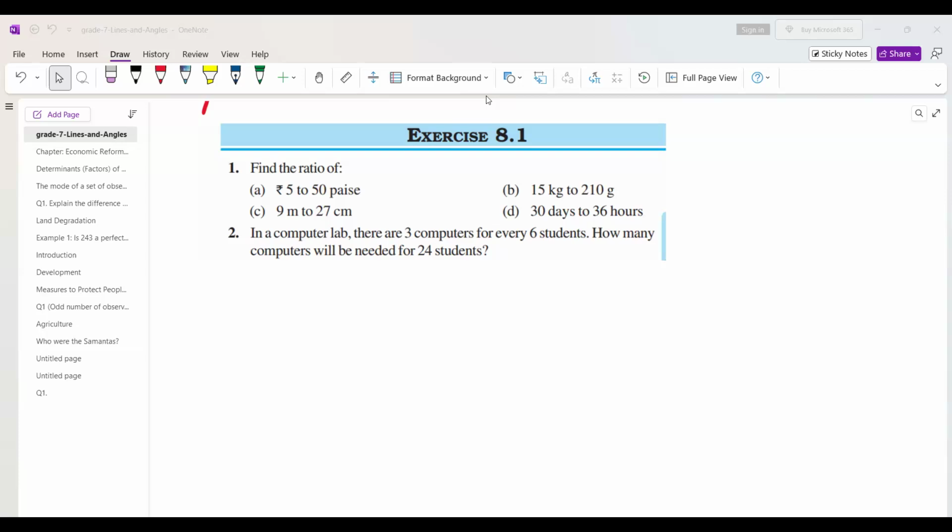Ma'am, I got all the answers. Ma'am, is it okay if we don't make it completely simplified?